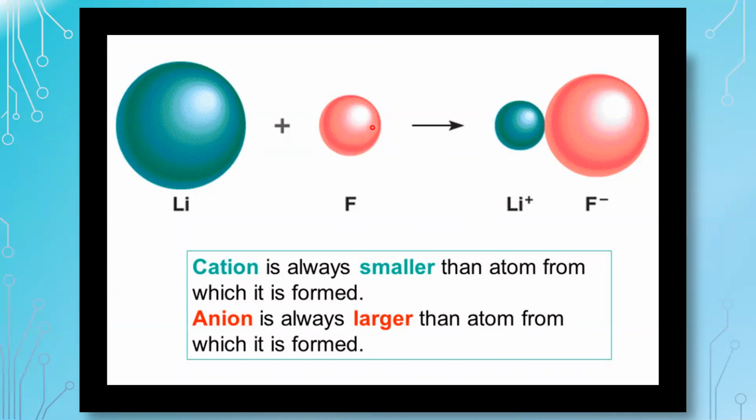Whereas fluorine's size is small, but when it gains an electron, its size increases. So you need to remember that a cation is always smaller than the atom from which it is formed, and an anion is always larger than the atom from which it is formed, because in one the number of electrons decreases, whereas in the other the number of electrons increases, which increases the ionic size.